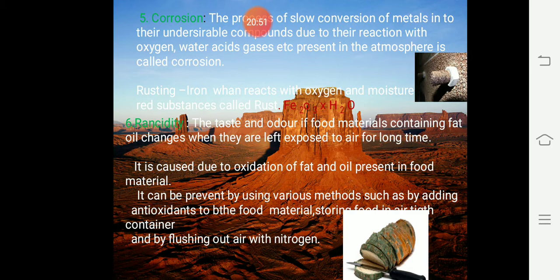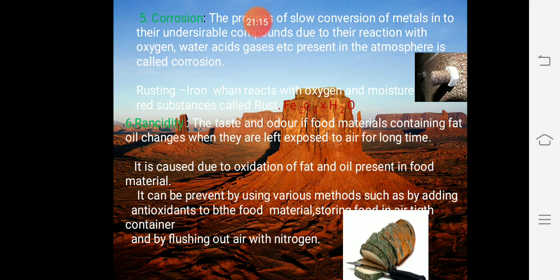So the full chapter is discussed. In this chapter, some questions mainly arise on types of chemical reactions. Some reactions they will give, and you must recognize which type of reaction it is. And one more very important topic is oxidation and reduction.